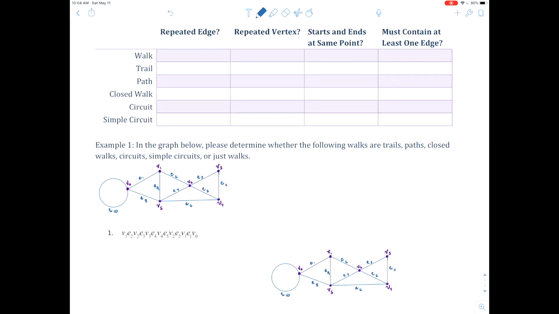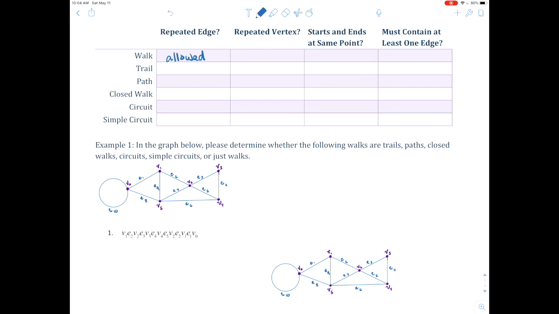So here we go. Here's sort of a table to help guide you. All right. So these are characteristics across the top row and the types of graphs along the first column. So for a walk, can you have a repeated edge? Yep, you can. So we'll just say allowed. A repeated vertex.